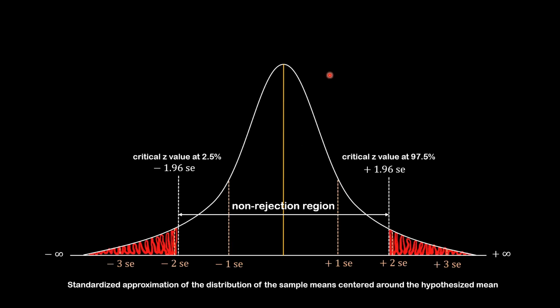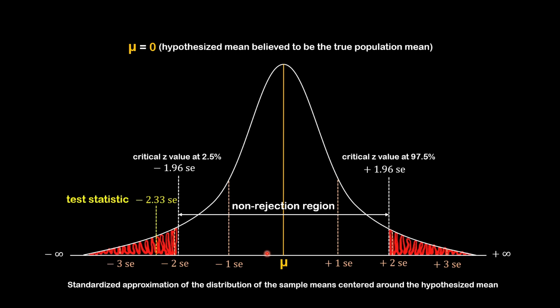When performing hypothesis testing, we assume that the hypothesized mean is the true mean of the population, so we put it at the center of the standardized distribution of the sample means. Then we compute the test statistic and we check whether or not the test statistic falls in the rejection region.